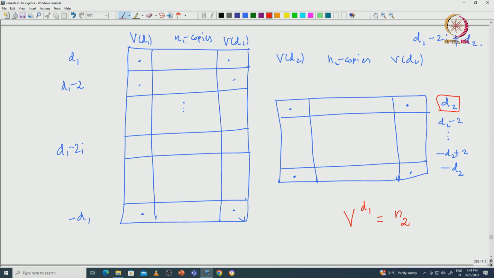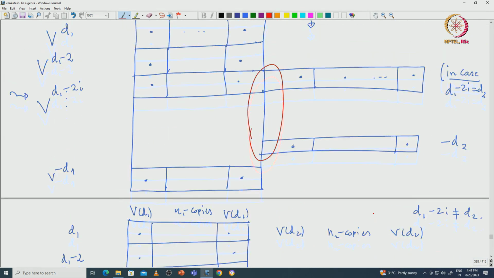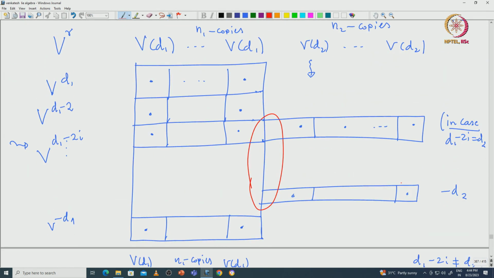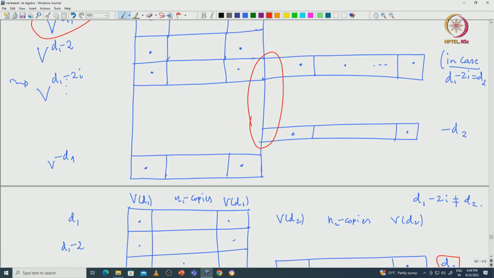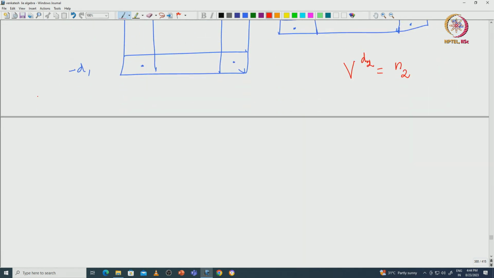This is what we are observing. For example, if you are interested in picking up the top component V_D1, all you need to do is just calculate the dimension of V_D1. The number of copies N1 is going to be the dimension of V_D1.